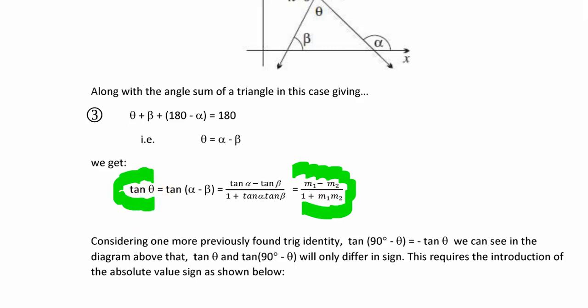So ultimately theta is tan inverse of whatever this calculation is. And this is just based on the gradients. 1 plus m1 m2.